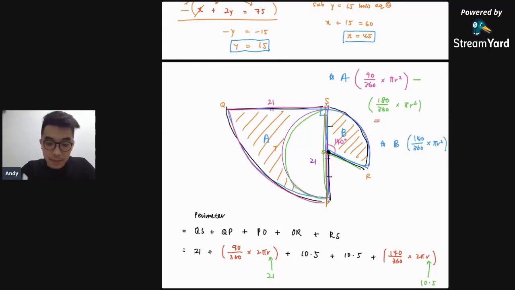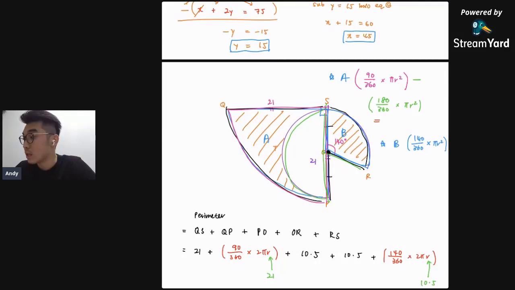So now we key in everything into the calculator. Okay, 90/360, which is 1/4, times 22/7, and then times 21 squared. Why 21 squared? Because of the radius, right?